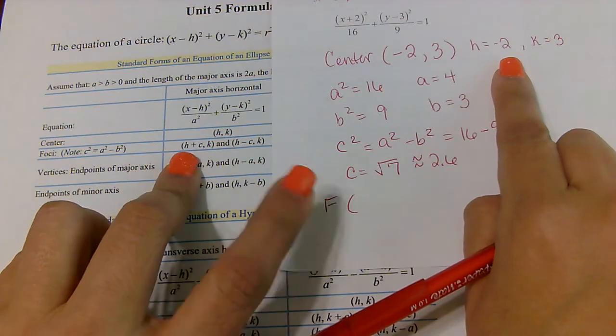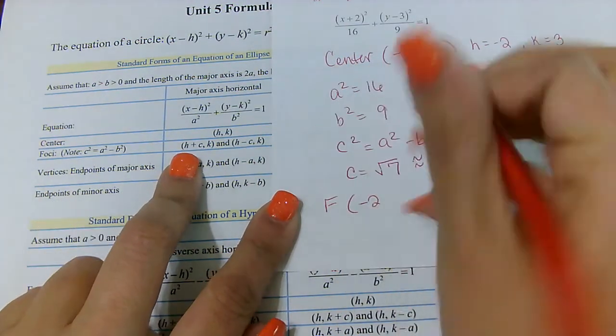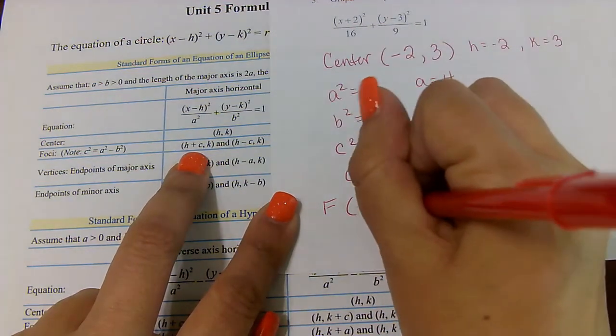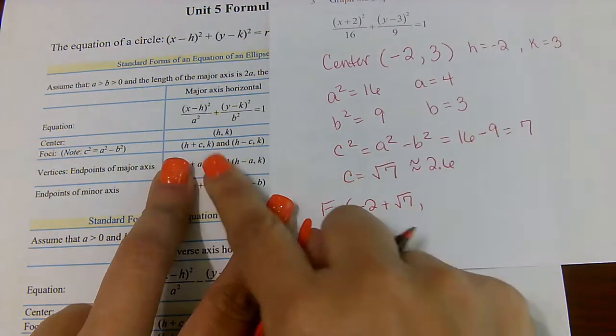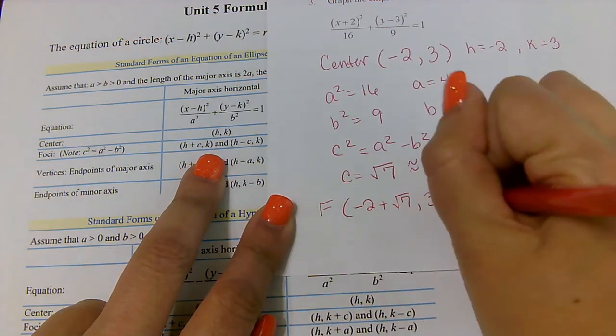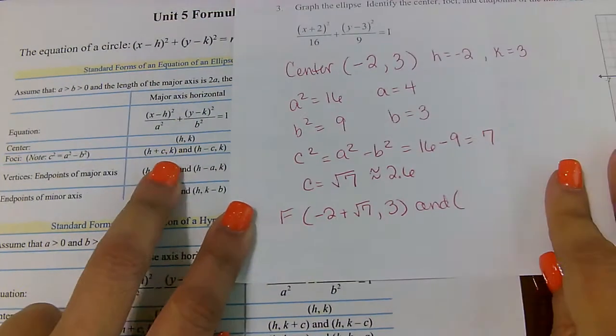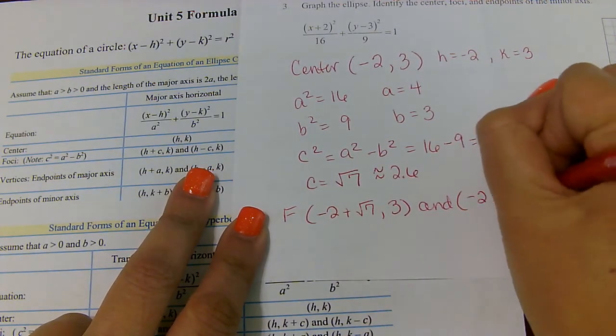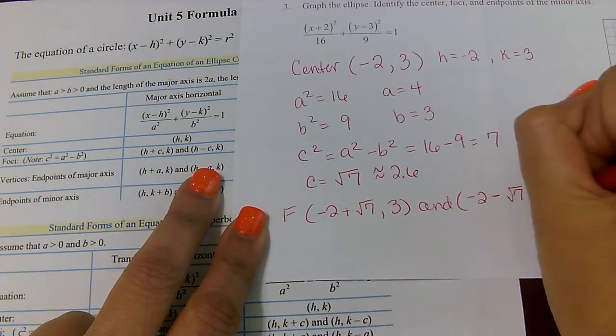Remember, our h is negative 2, plus c, which is the square root of 7, comma k. K is equal to 3. And h, which is negative 2, minus the square root of 7, comma 3.